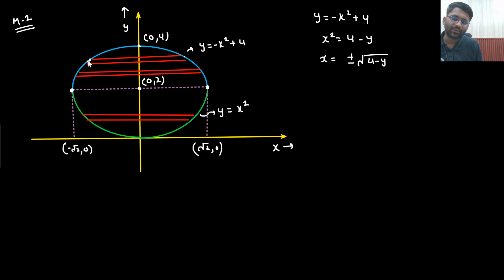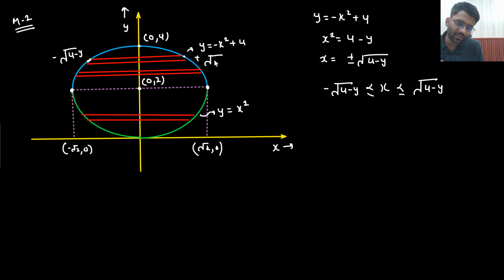So value of x is going from minus under root 4 minus y to, because value of x is negative here, no? Value of x is negative here. So value of x is going from minus under root 4 minus y to plus under root 4 minus y.